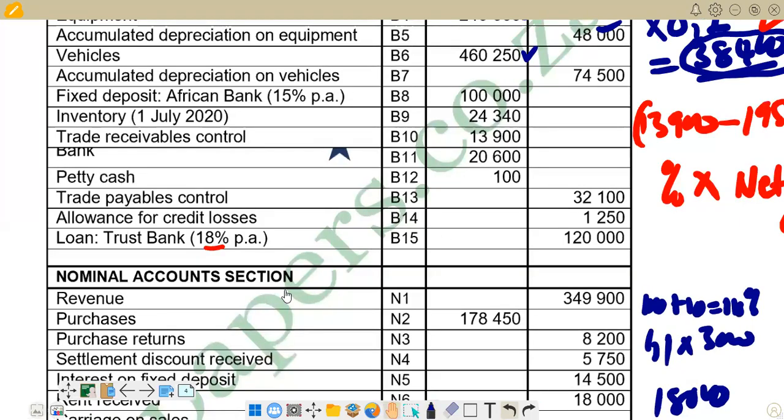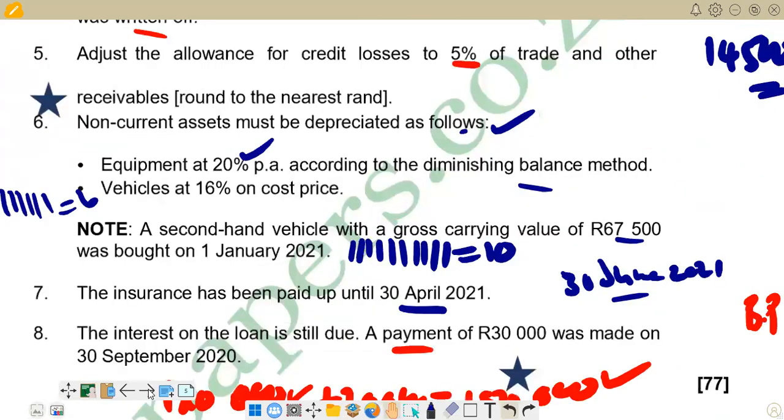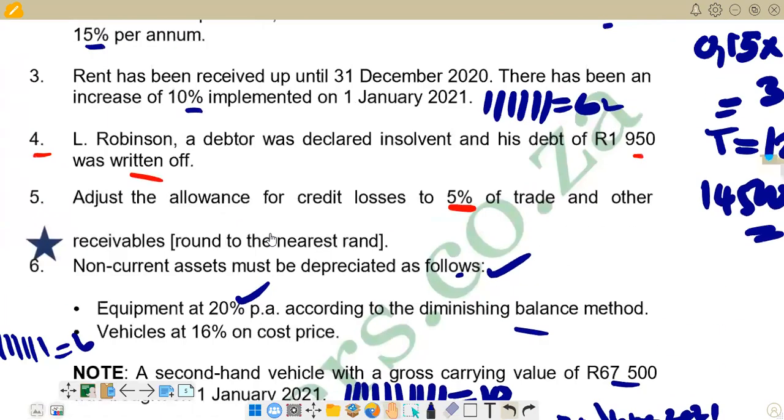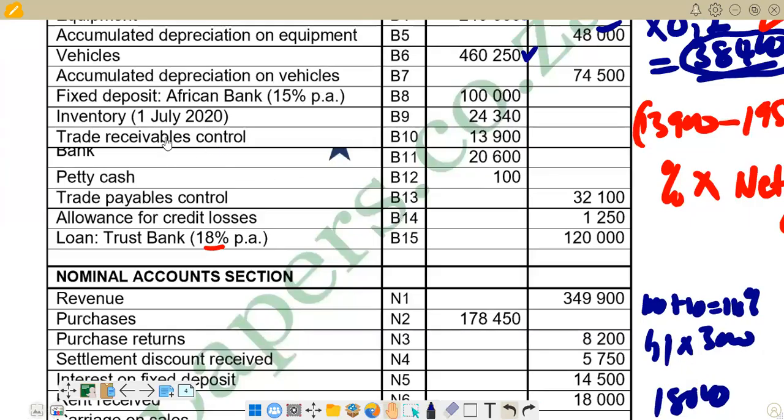But remember, we have one that was written off. It's here, saying Robinson was declared insolvent and this debt of 1,950 was written off. So we need to remove that one to get the net one. So we say 13,900 minus 1,950 that was written off.